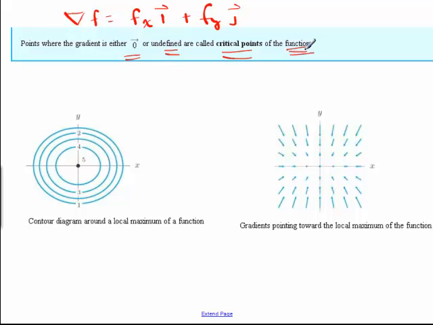And this is exactly analogous to what we were saying before with single variable calculus. We're just saying that now both partial derivatives need to be 0 or undefined for there to be a critical point. And we see that both here and there.